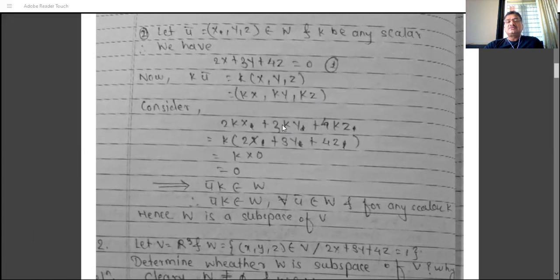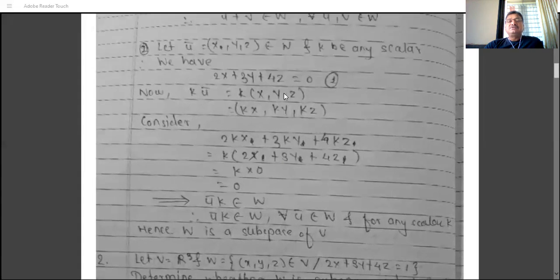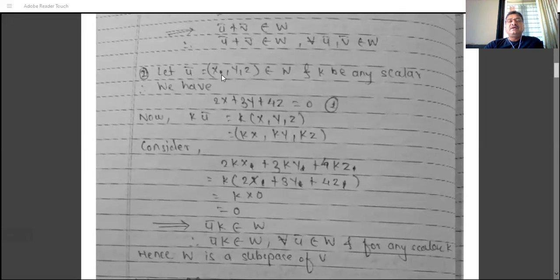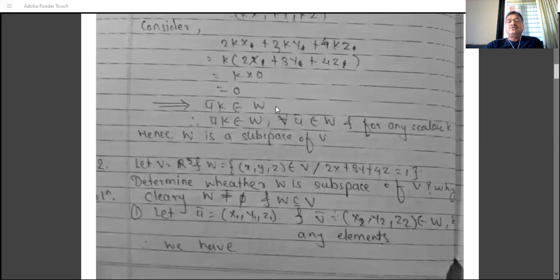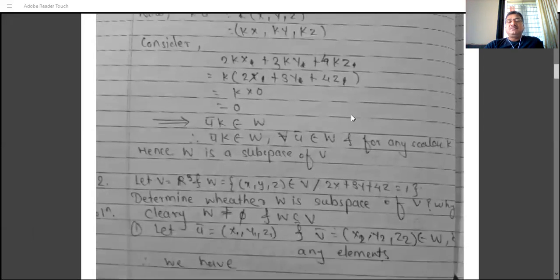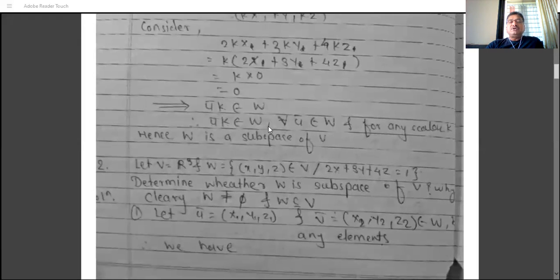So consider 2Kx plus 3Ky plus 4Kz, and take K as common. We have K times (2x plus 3y plus 4z). Don't write suffix 1 here, because the element U bar is not x1, y1, z1, it is XYZ. The value of 2x plus 3y plus 4z is equal to 0, by using that equation star, so we have K into 0, and K into 0 is 0. So K into U bar belongs to W.